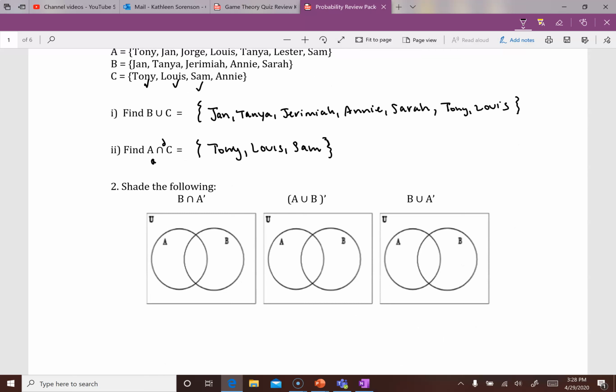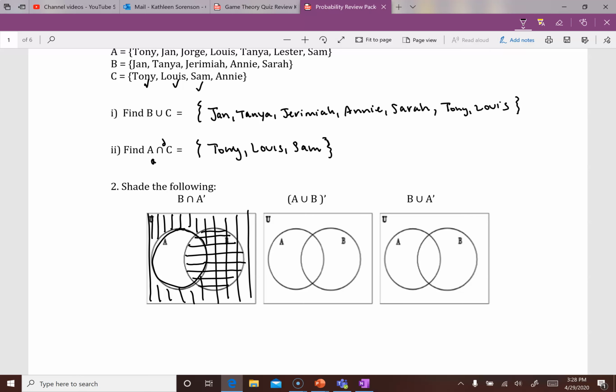All right, shade the following. Well, B intersect A complement. I'm going to make B horizontal lines. And A complement is everything that's on the outside of A. So if this is A, everything on the outside of A, I'm going to make a vertical line. Just like that.